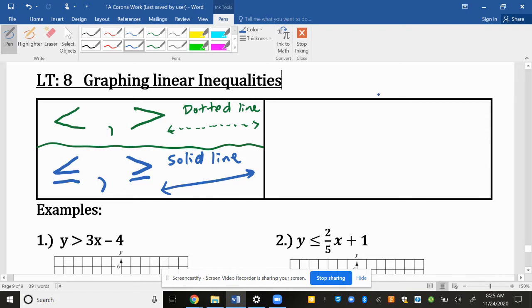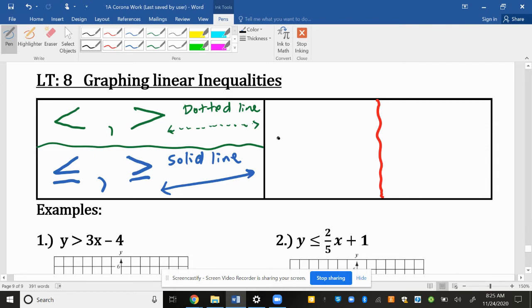Now, another set of rules here, and I'm going to split this in half. Sometimes all the solutions to the inequality are going to be on top of the line. Sometimes they're going to be under the line, or in the bottom of the line. So that's really just based off the direction of the inequality. Sometimes I like to call it the alligator. Some of us call it alligator in elementary, so I just want to make sure it helps everybody.